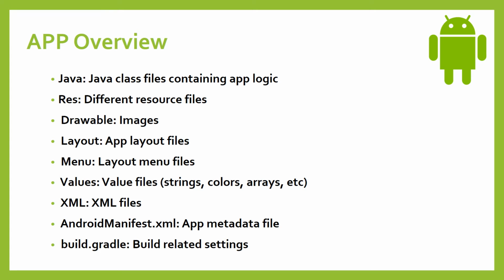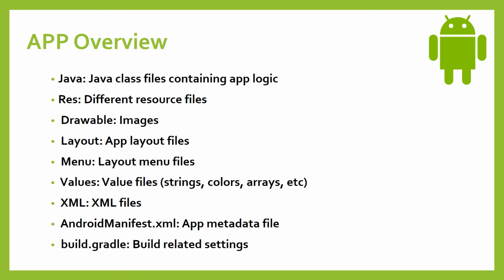It has a folder called RES, where RES stands for resource, all the resources like the colors, the permissions, the mipmaps, all resources that the particular app is using will be given in the RES folder.